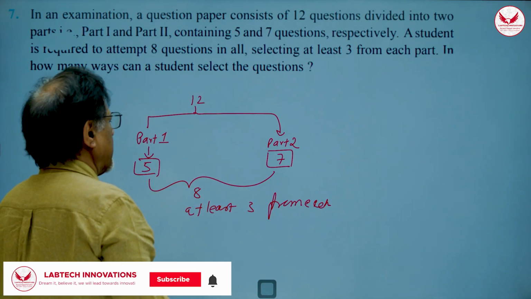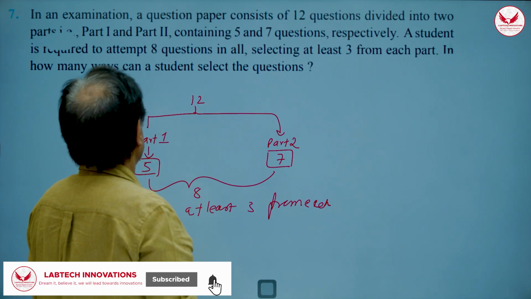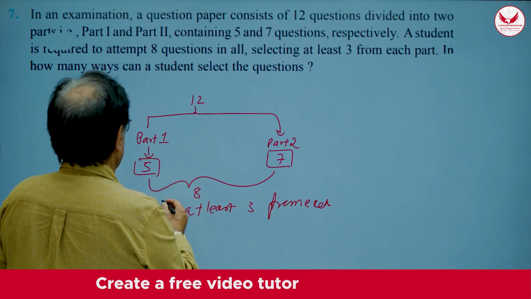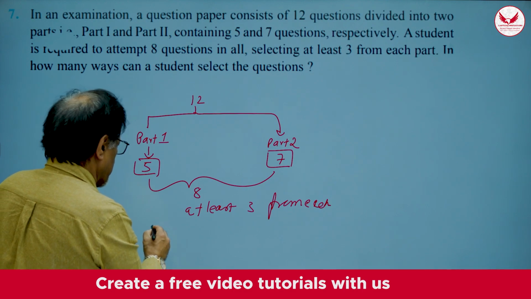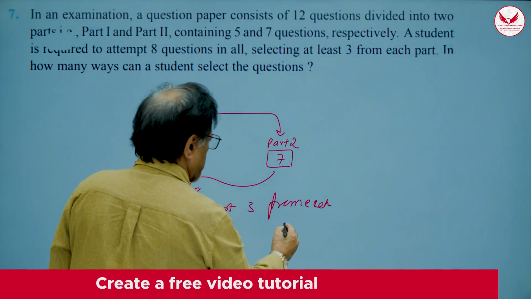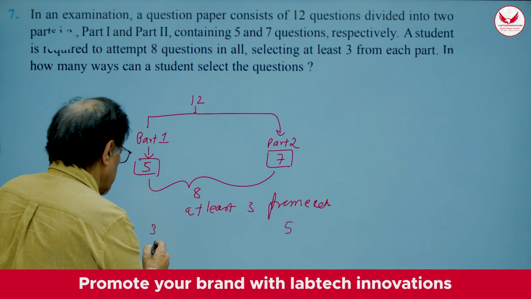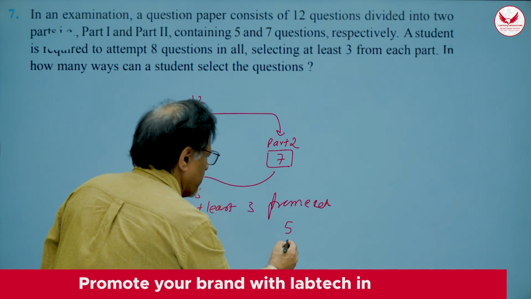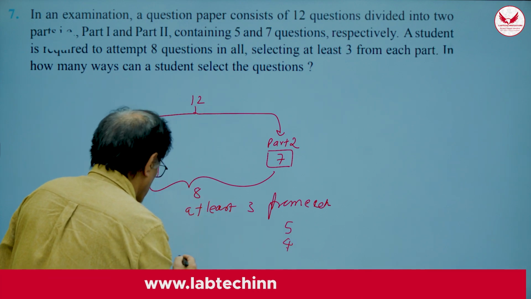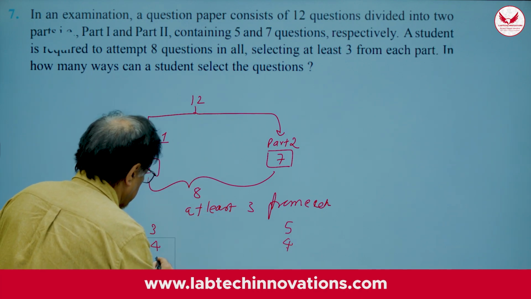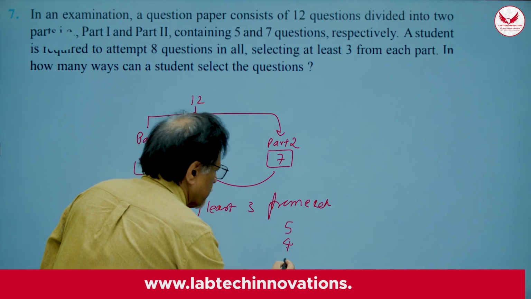Okay. Now, at least 3 from each means what? So that means you can have, say, part 1, you have selected 3 questions. Then you are supposed to select 5 questions from the remaining because total has to be 8. Or you can do this problem by 4 but reduce this by 1, so that is 4. Or reduce this by 5, make it 5, so this will be 3.